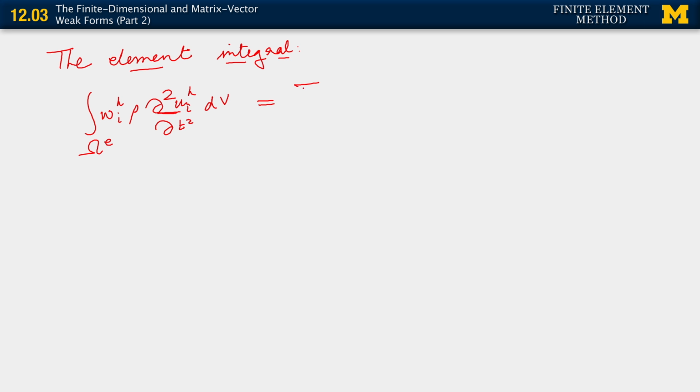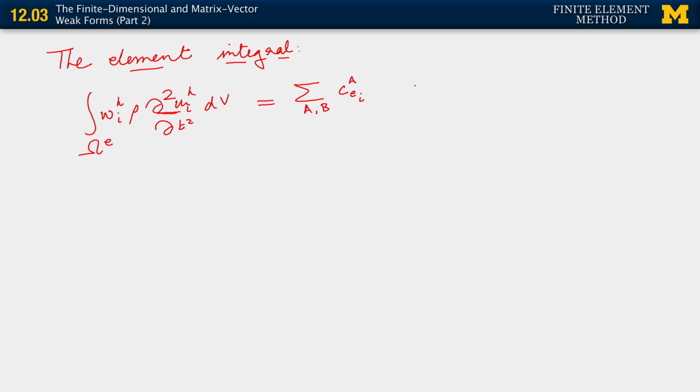Fine. Sum over a comma b, c a e I. And you recall that each of those is the ith degree of freedom at the ath node of element E.